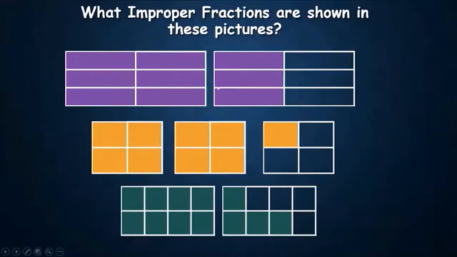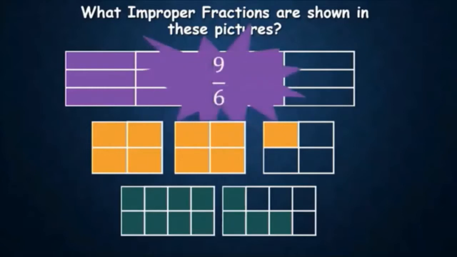And how many parts are in each shape? 3 shaded and 3 left. So what is 3 plus 3? That is 6. So the improper fraction for the first two shapes is 9 by 6.